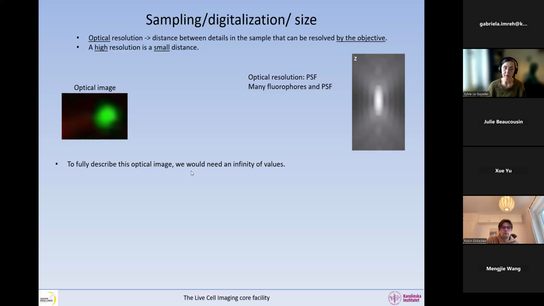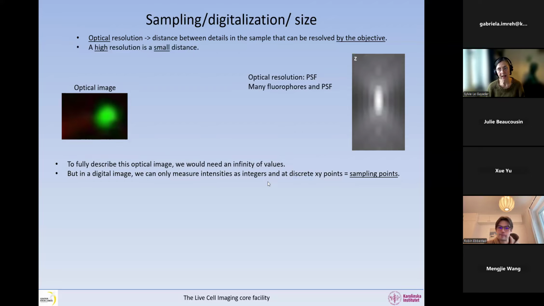To fully describe this optical image, we would need an infinity of values because it has an infinity of contrast. But in the digital image, we can only measure intensities as integers and only on discrete XY points. And these discrete XY points where we measure the intensity are called sampling points.